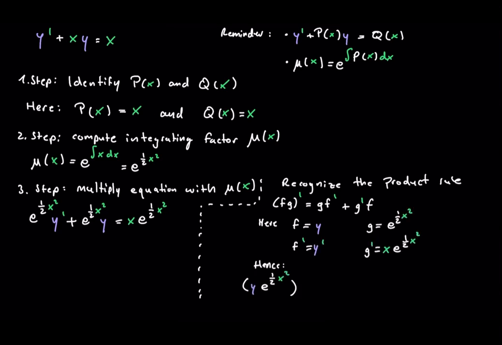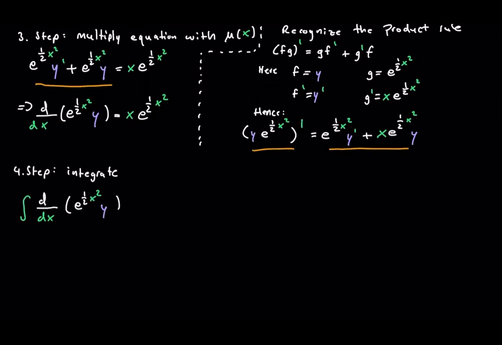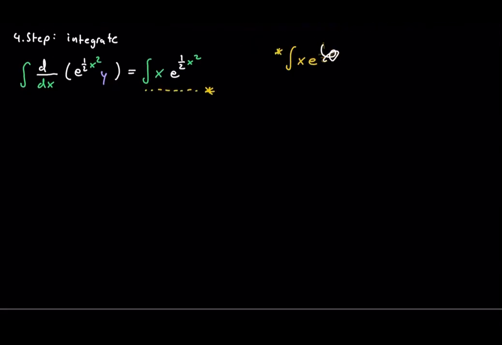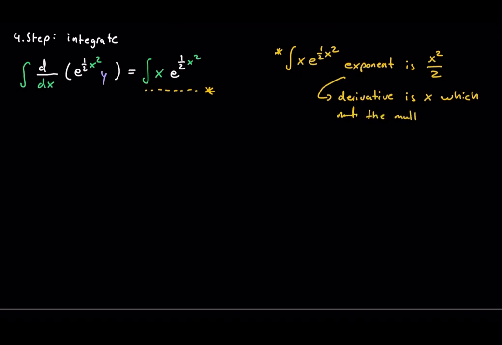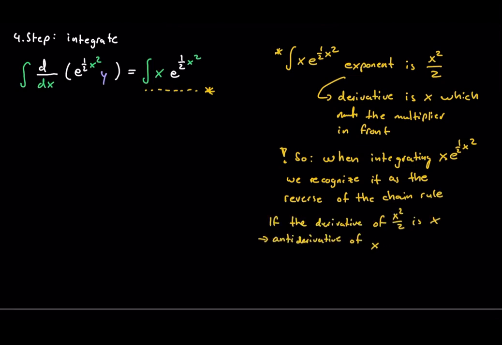So we write the derivative of e^(x²/2)y equals xe^(x²/2). Now we integrate both sides. The derivative of x²/2 is x, so the integral of xe^(x²/2) dx is just e^(x²/2). That's the reverse of the chain rule in action. When the derivative of the exponent shows up in front, the integral collapses neatly.